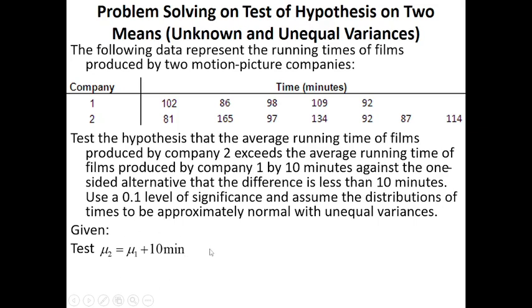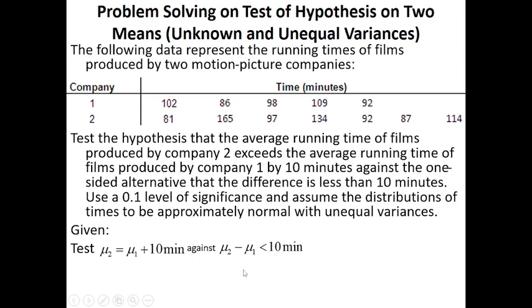This is the equation from the statement: mu sub 2 equals mu sub 1 plus 10 minutes, against the one-sided alternative that the difference is less than 10 minutes.